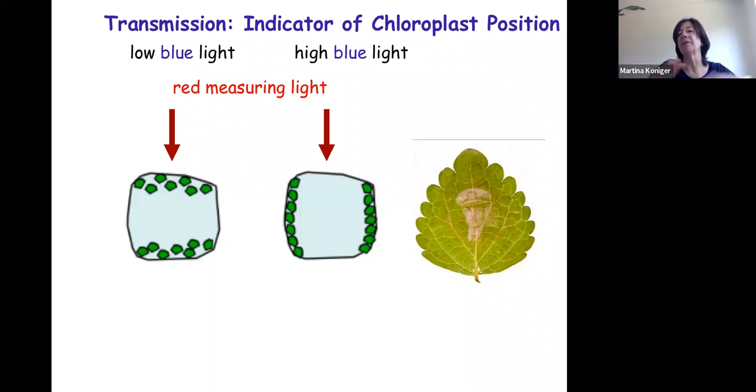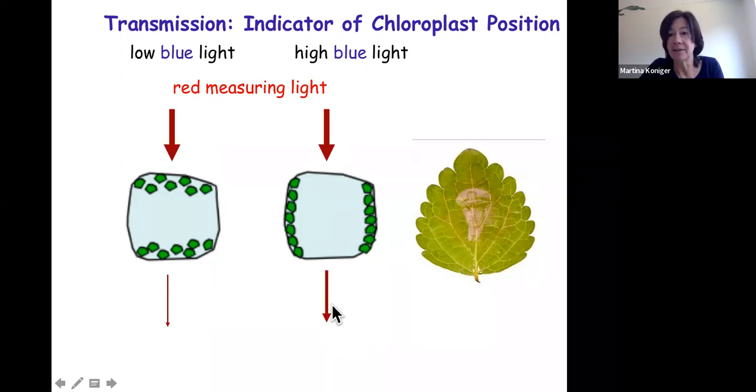If I have a leaf with thousands of cells with lots and lots of chloroplasts in them, and all of them are in this accumulation response, and I'm shining light on it, then very little red light will come out on the other side. But if they're in this position here, a lot of that red light will go through to the other side. So this is called transmission.